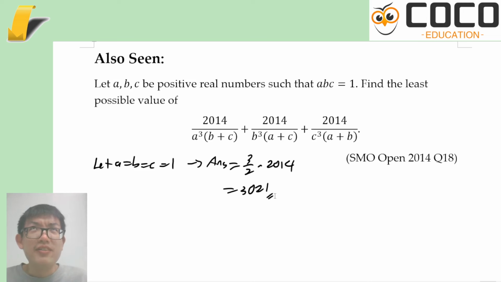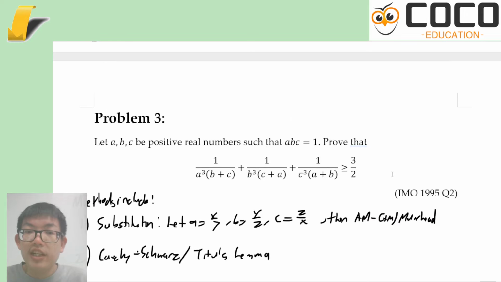You're seeing the problem here, right? So again, if let's say that you saw this as an SMO Open problem and you can't solve it, you might be thinking, why is this Open Round 1 question so hard? And then after that, you realize it's an IMO question.